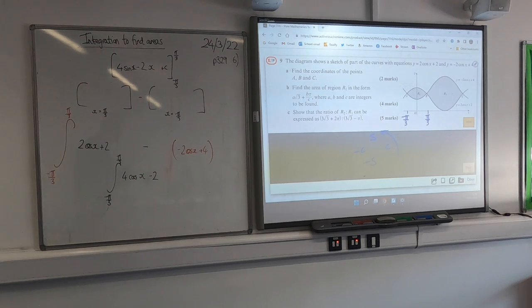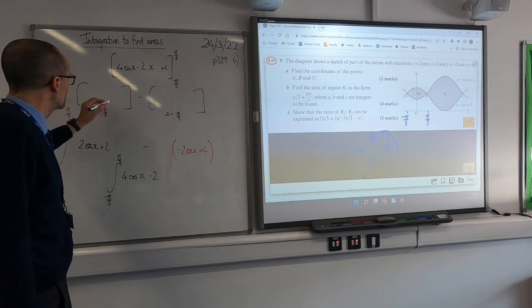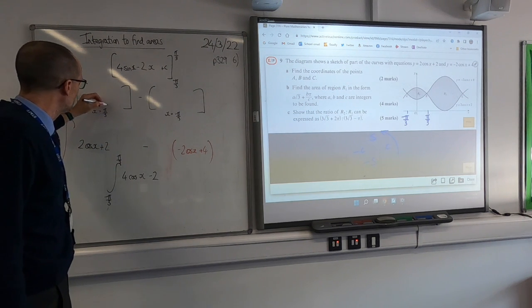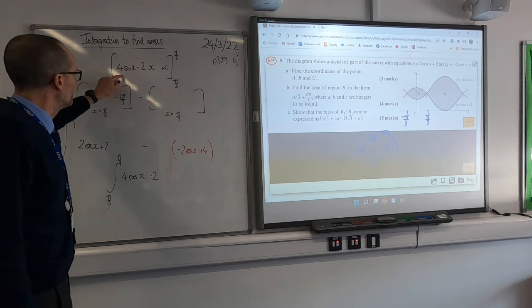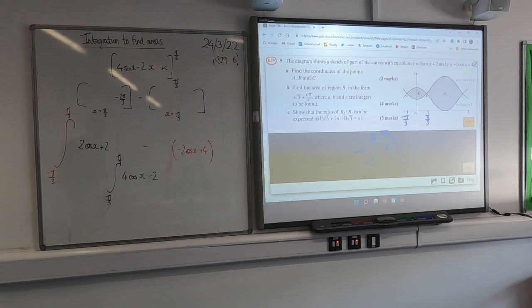Now, I do remember doing this before. When you use your calculator, it gives you a horrible decimal number. So I would just do the minus 2x manually. So 2 lots of pi over 3 is, and just get my calculator to work out 4 sine x.